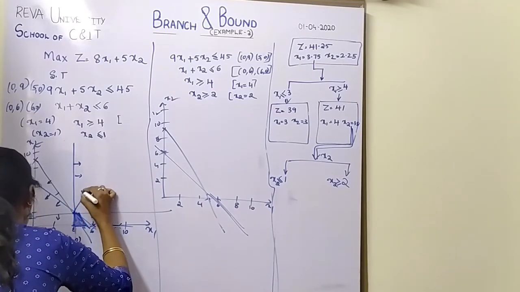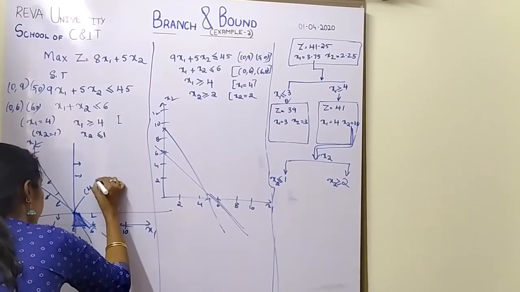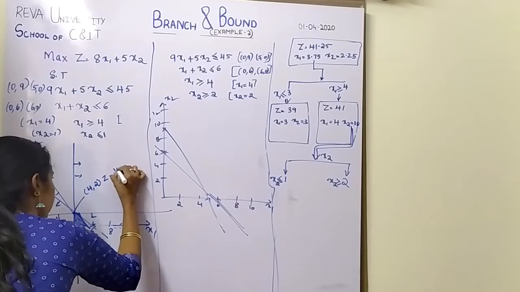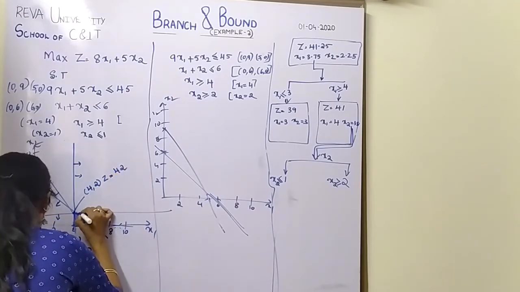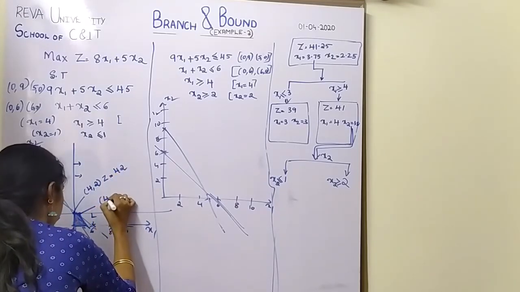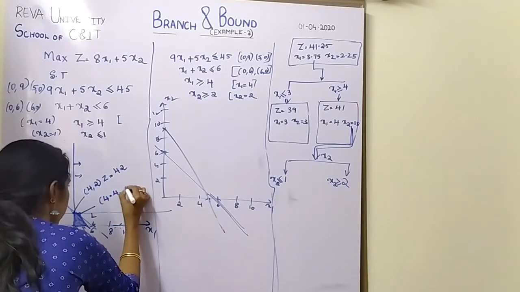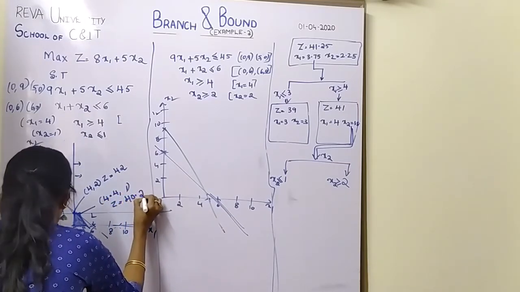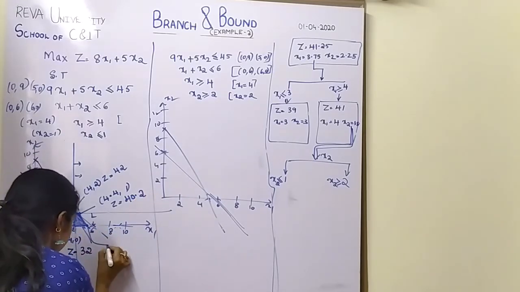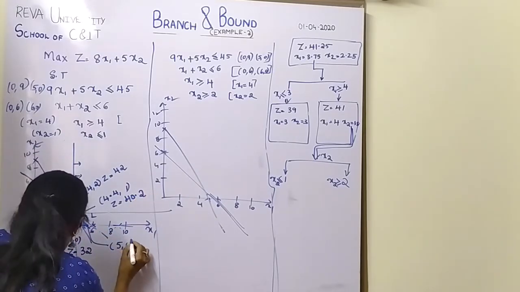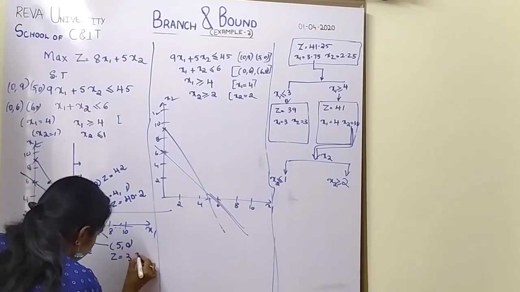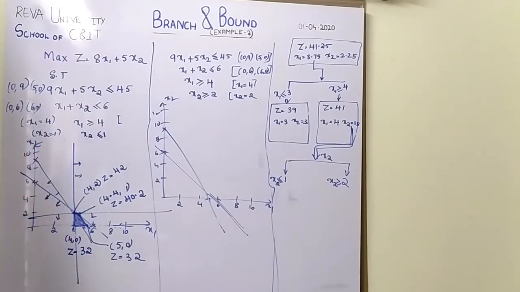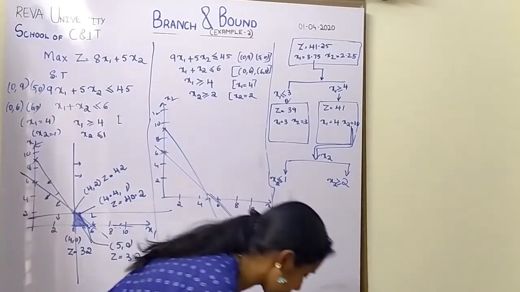And this point will be 4, 2, z value will be equal to 42. This one is 4.4, 1, z value will be 40.2. And this will be 5, 0, z value will be 32.